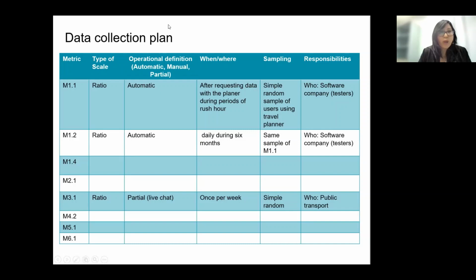Then in the next column is when the collection is happening, where also it's important to consider the sampling.